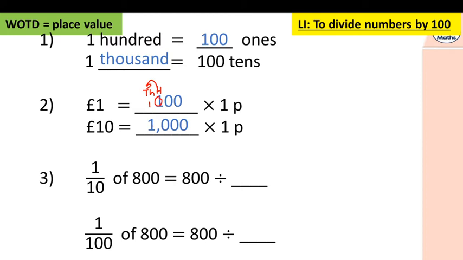The next one says 1/10 of 800 is the same as saying 800 divided by what? So this 1/10, the 1 represents my whole. My whole here is 800, so that's the same as saying 800 divided by 10. And over here, this is saying 1/100th of 800, which is the same as 800 divided by what?